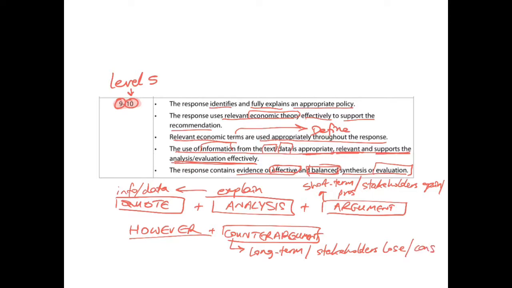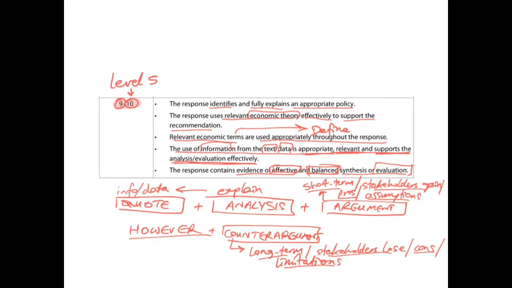If you're going to talk about, say, the assumptions on which this policy recommendation is based, you can balance it with a discussion of the limitations of those assumptions. So make sure whenever you provide an argument that you balance it with a counter argument. Short term is balanced with long term, stakeholders gaining is balanced with stakeholders losing, pros or advantages is balanced with cons or disadvantages, and any discussion of the assumptions is balanced with a discussion of the limitations of those assumptions.